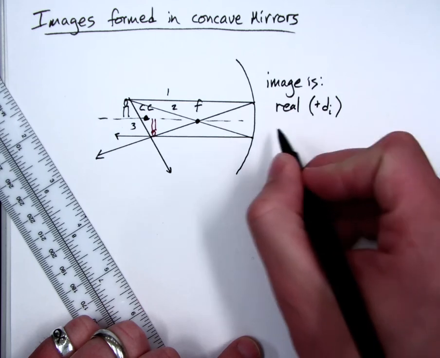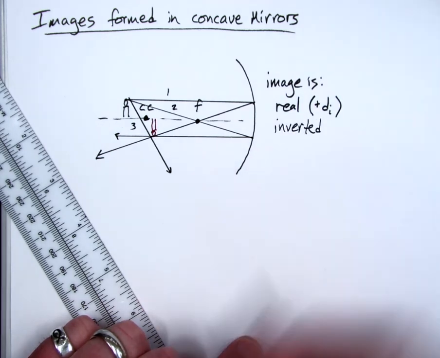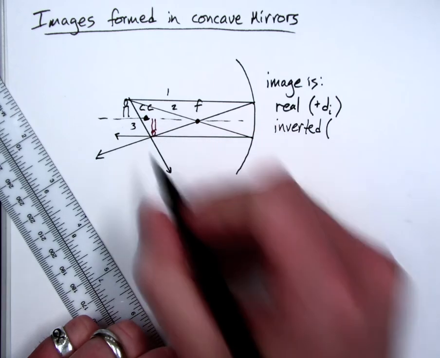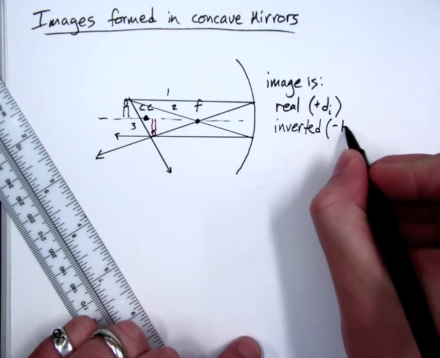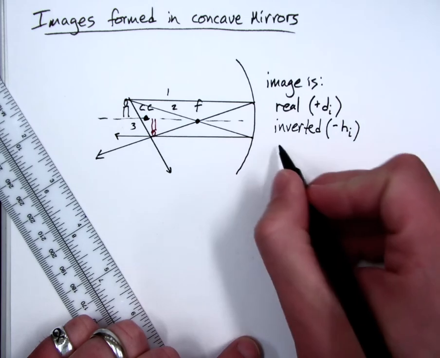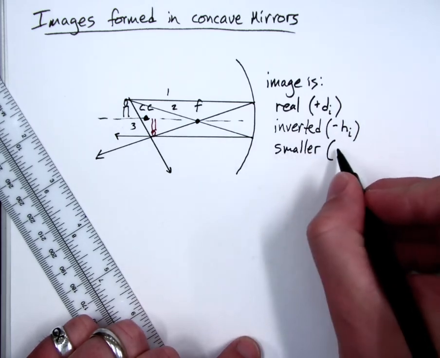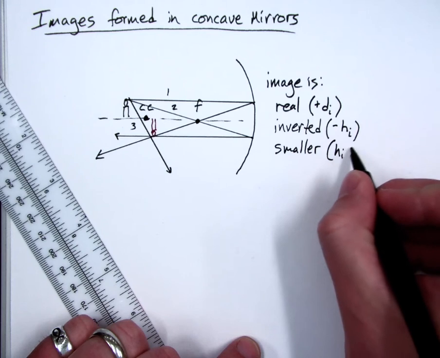It is inverted, which means it is on the other side of the principal axis. It actually has a negative image height. And it's slightly smaller because the height of the image is less than the height of the object.